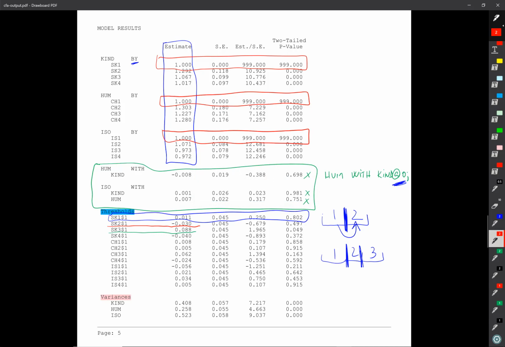Okay, so let's see. Variances in general refer to the spread of responses or the spread of scores. And here, they refer to the spread of scores on the factors. So they refer to the extent to which people vary from one another in terms of self-kindness, common humanity, and isolation. Now you notice that all of these variances are significant.